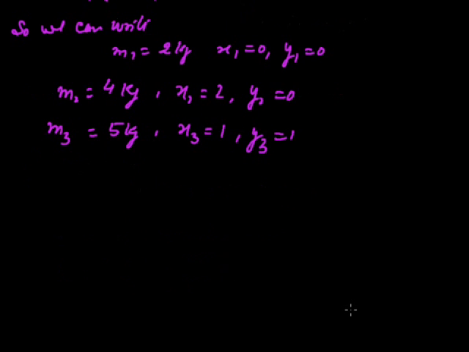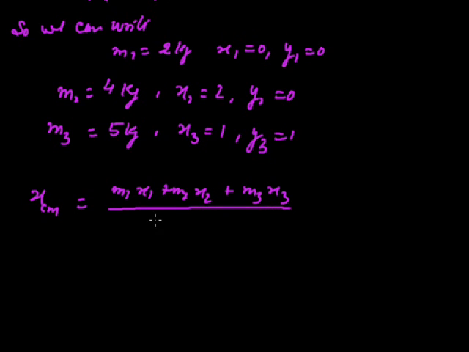Now we can easily find the x coordinate. xcm will be m1 x1 plus m2 x2 plus m3 x3 divided by m1 plus m2 plus m3.